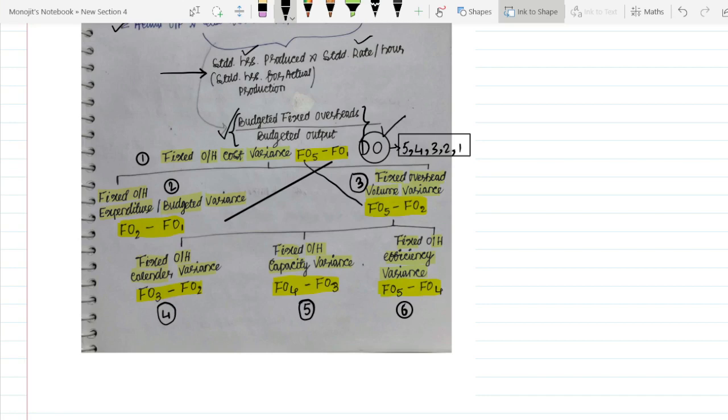So FO5 will come to fixed overhead efficiency variance and FO2 will come to fixed overhead calendar variance.